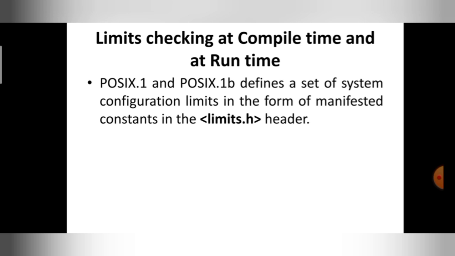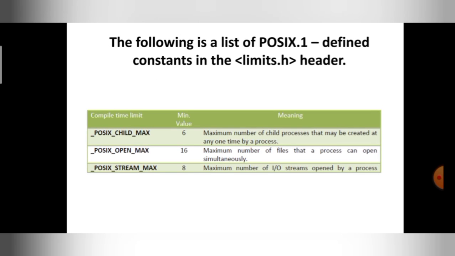Constant means the value of these limits can't be changed. Now we will see what limits we can put on a particular system. These are the limit constants that are defined in the POSIX.1 standard.